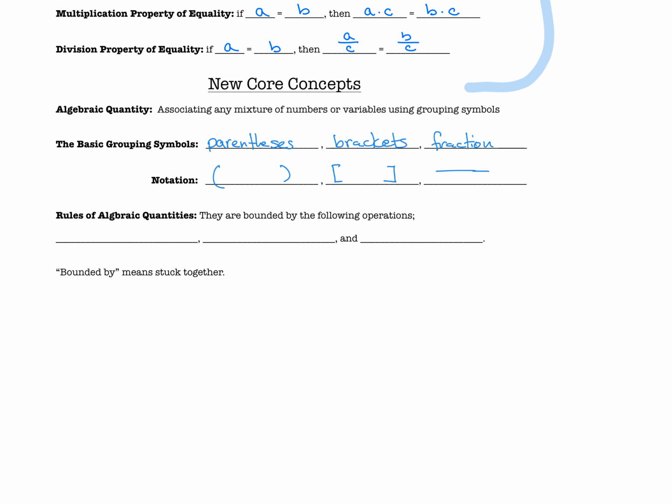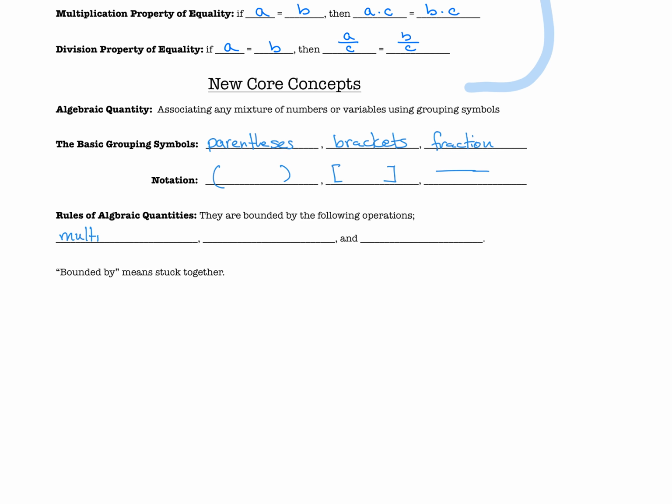Here are some basic rules we need to follow if we come across grouping symbols. What's very, very important is that all grouping symbols are bound by three operations. The first is multiplication.